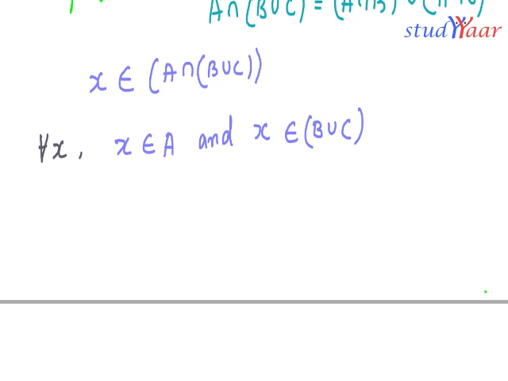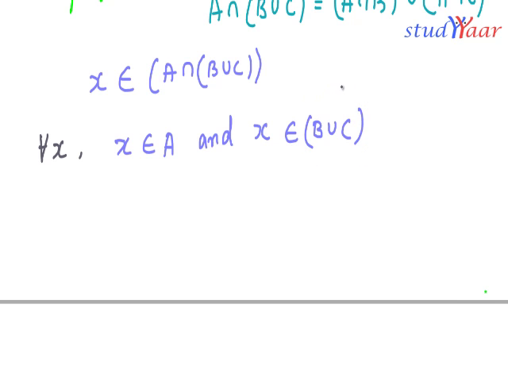What I have done is I have basically represented the intersection. By the definition of the intersection operation, I can say that the element X belongs to the set A and it also belongs to the set B union C, right?